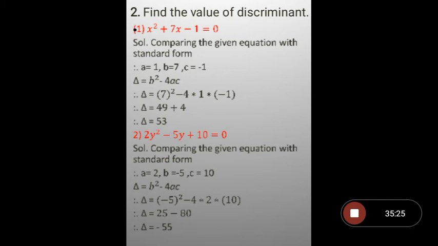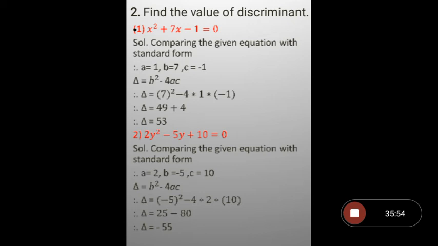We have to find the value of the discriminant, which is equals to b square minus 4ac. Now putting these values in the formula, 7 square minus 4 into 1 into minus 1, delta is equals to the square of 7 is 49, plus, minus minus plus, 4 ones are 4, and 49 plus 4 is 53. We just have to find the value of the discriminant.